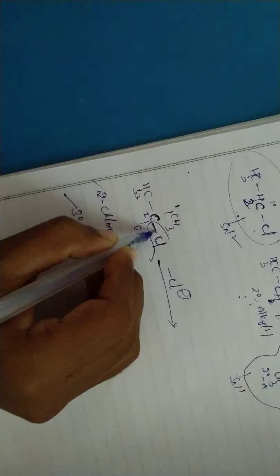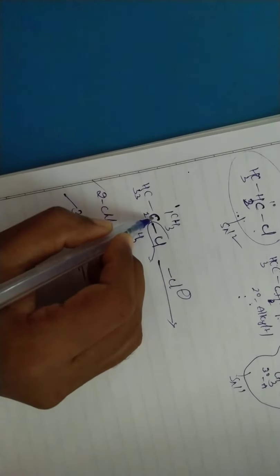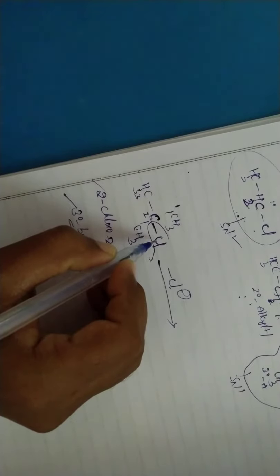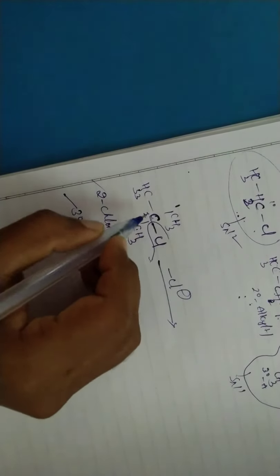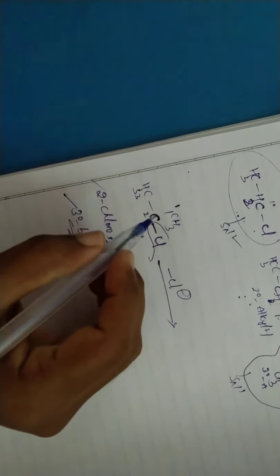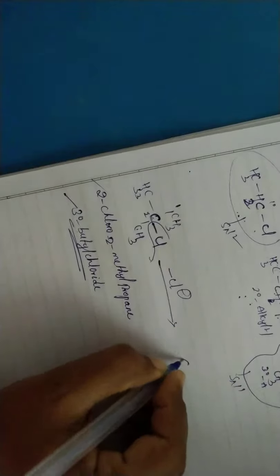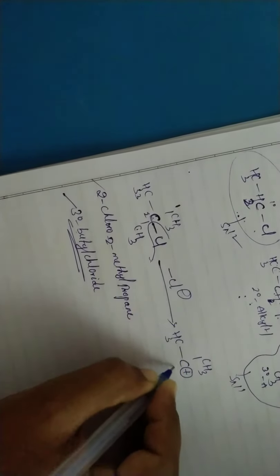That means carbon is donating electrons to chlorine, and if any atom donates electrons, it gets a positive charge. That's why carbon is getting a positive charge.